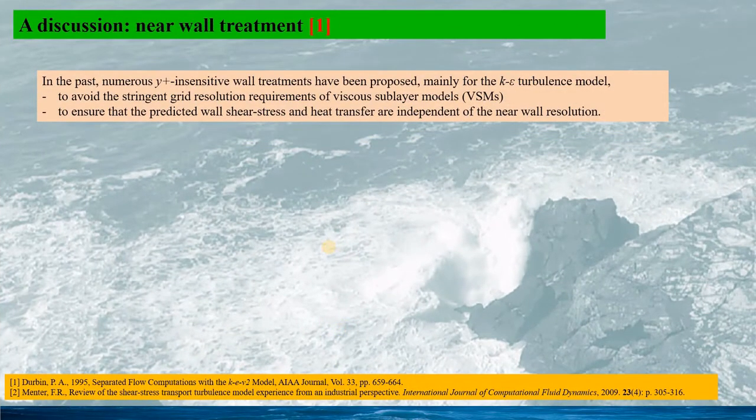So in this slide, a discussion will be made for the near-wall treatment. In the past, numerous y plus insensitive wall treatments have been proposed, mainly for the K-epsilon turbulence models, which can be used to avoid the stringent grid resolution requirement of the viscous sublayer models, and to ensure that the predicted wall shear stress and the heat transfer are independent of the near wall resolution.